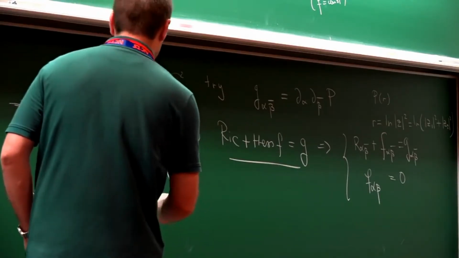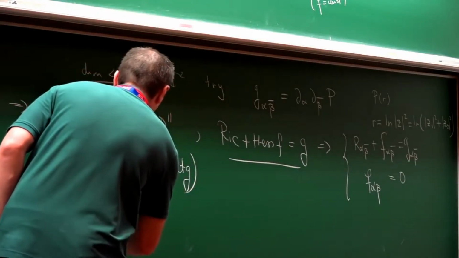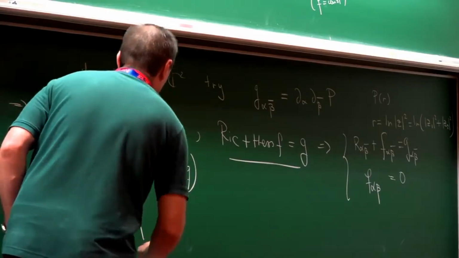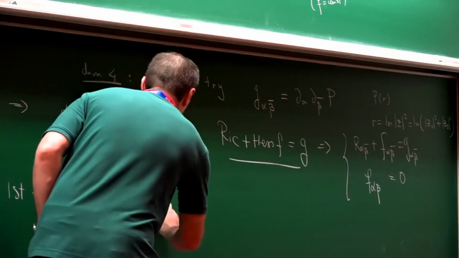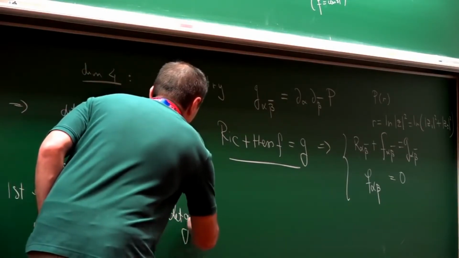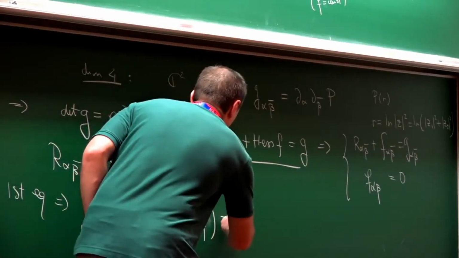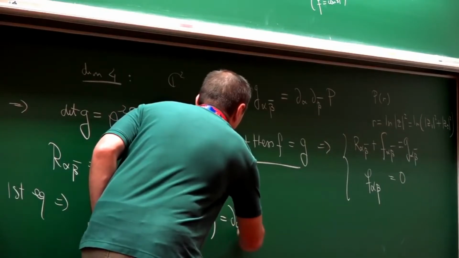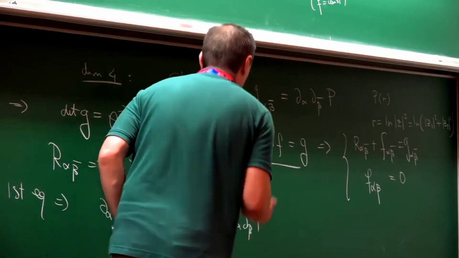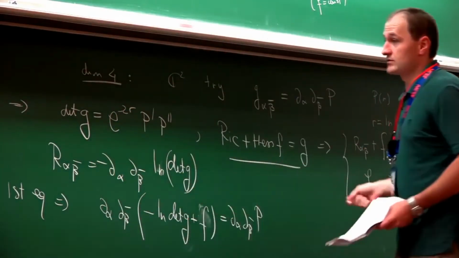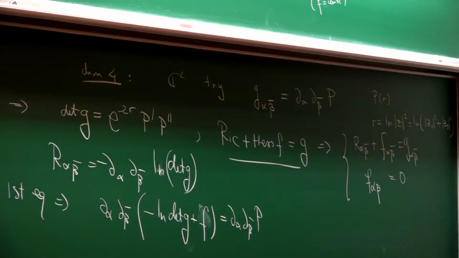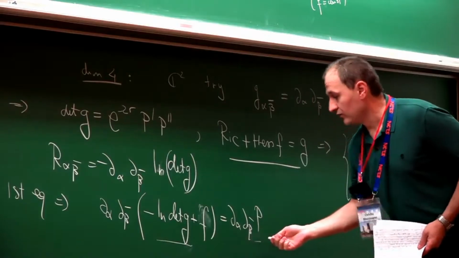You get minus log determinant of G plus P, plus F is P. So that's what you get. Then of course it's only natural to say, let's make these two equal, right?